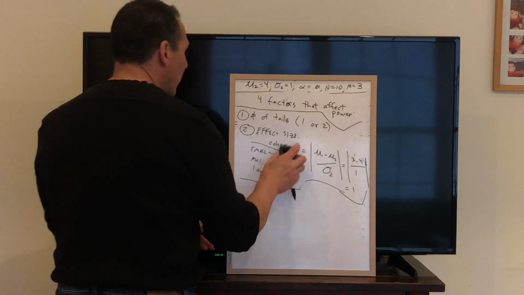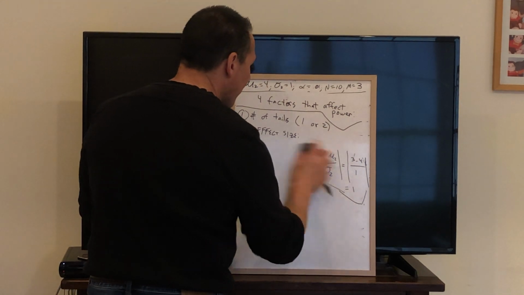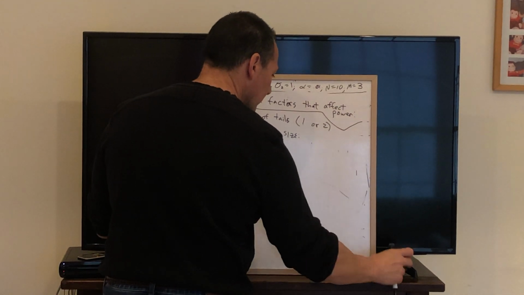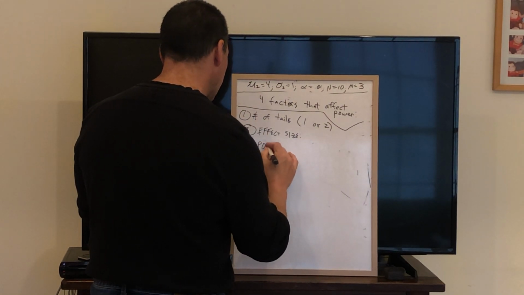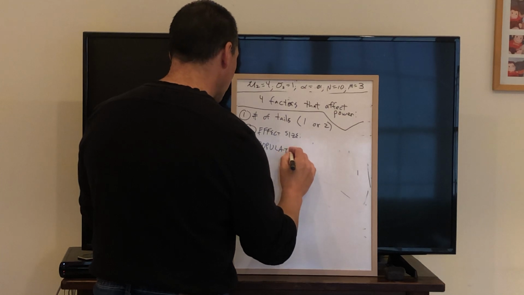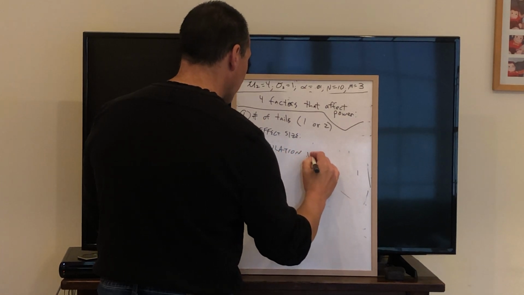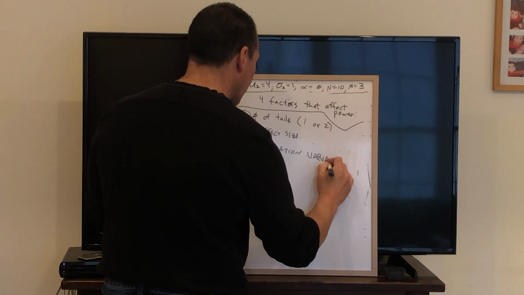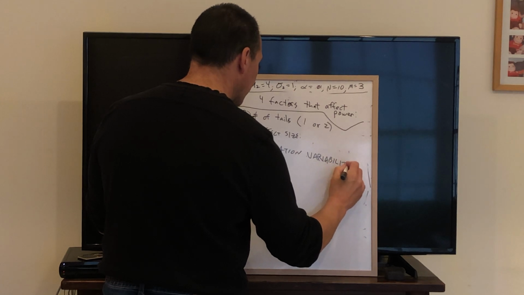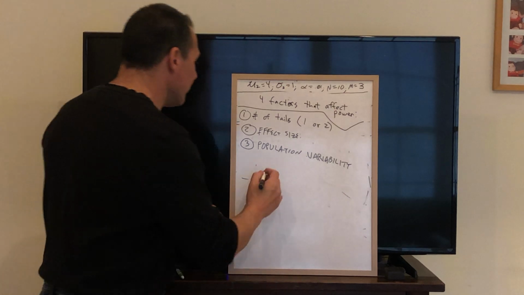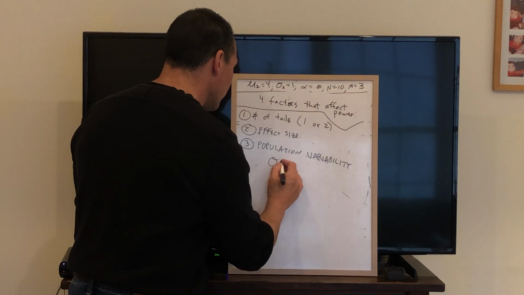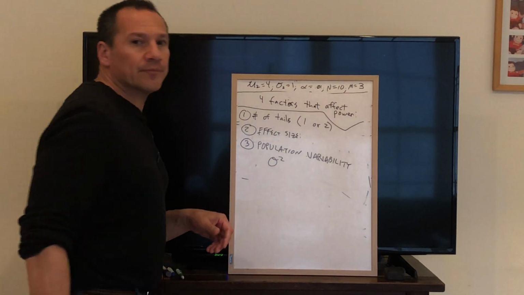Number 3 has to do with population variability. Population variability, sigma squared.